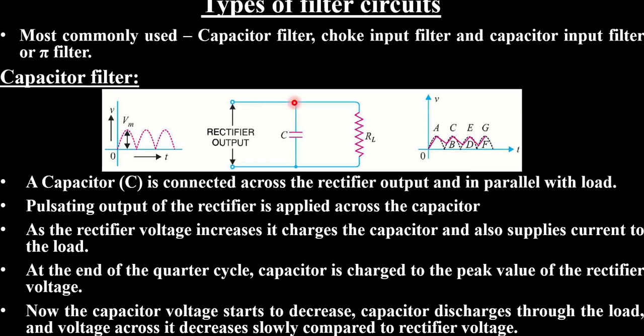This capacitor allows only AC to pass through it, and it blocks the DC. So when the pulsating output of the rectifier reaches this node, the AC finds a low reactive path through the capacitor, so the AC flows through this capacitor, and the DC is blocked by the capacitor, so the DC component of the rectifier output continues its journey towards the load resistance.